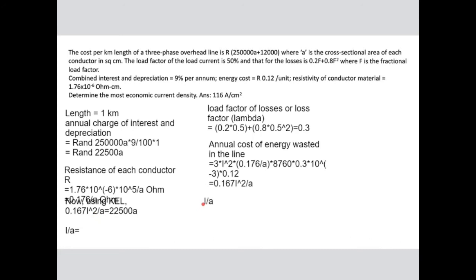I over A is most economic current density. 367.05. Is everyone getting that?